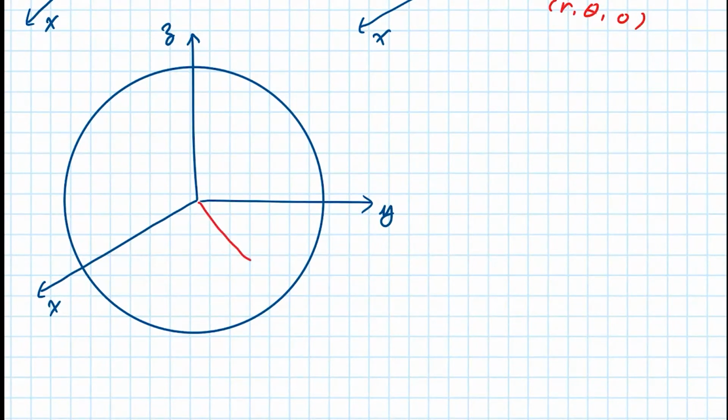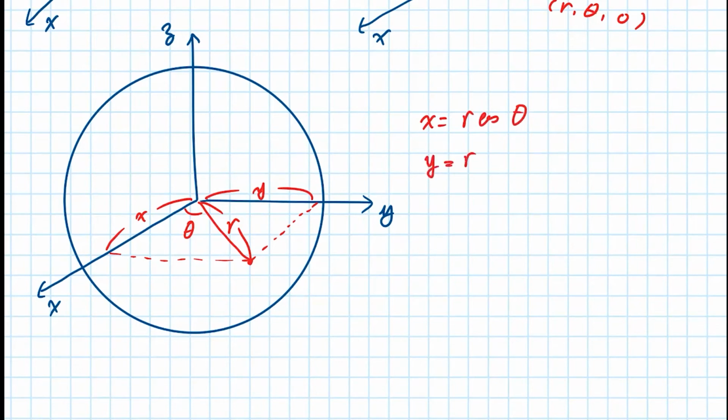So there is this point right here. This is regular theta and this is R. So far so good? So like before, this right here is what we call X. And this is Y, isn't it? So far, X is equal to R cosine theta and Y is equal to R sine theta, just like before, polar coordinate.